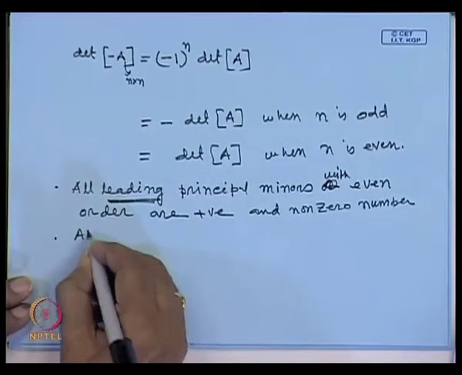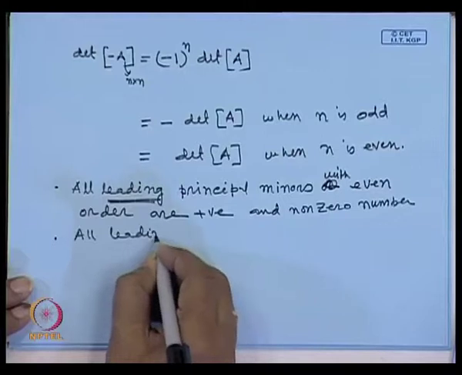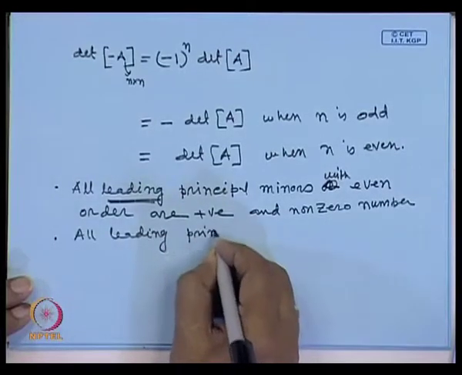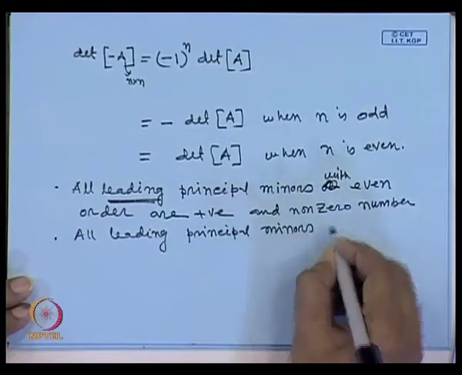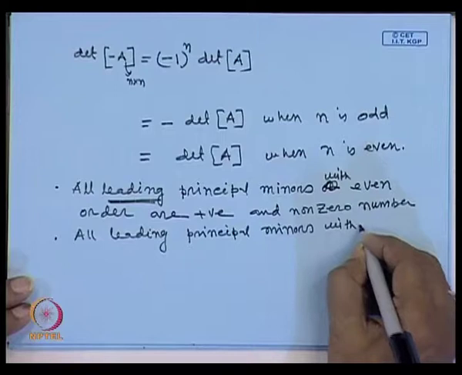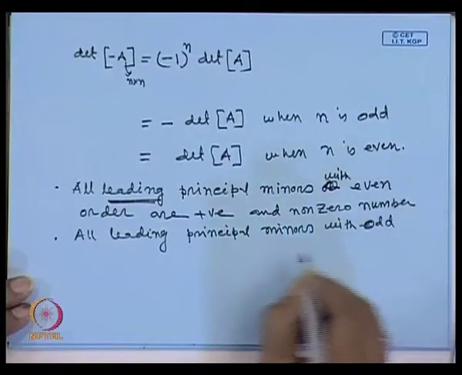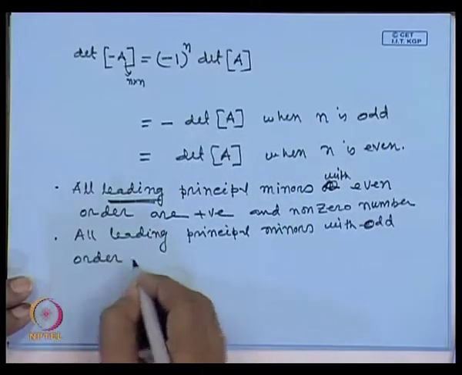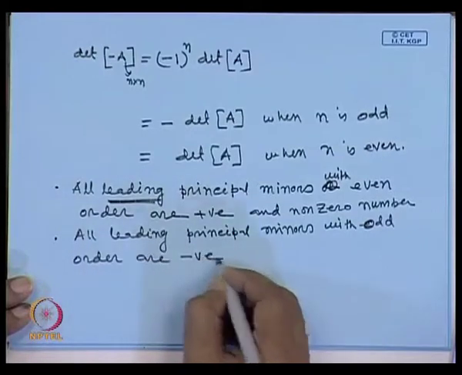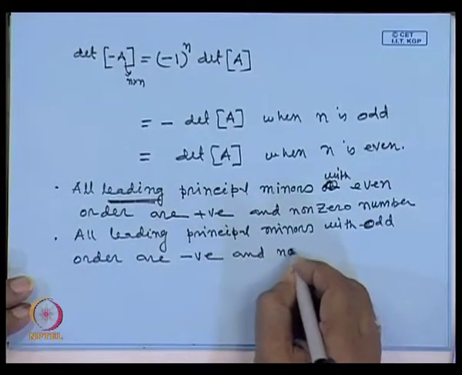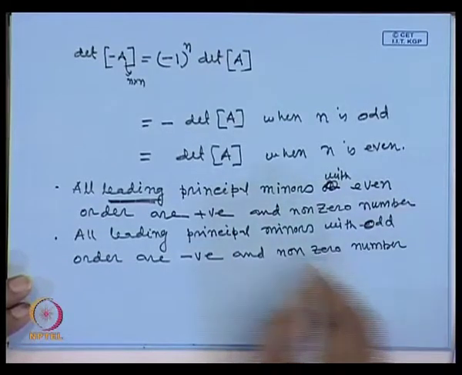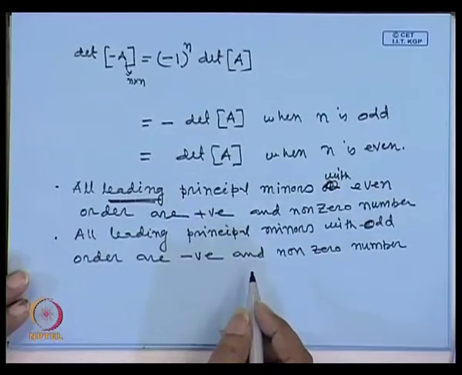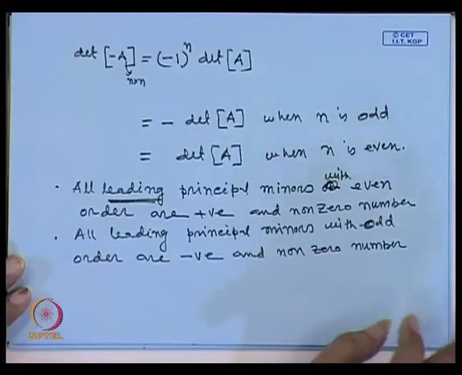Again, all leading principal minors with odd order are negative and non-zero numbers. So, the determinant of odd order will be negative; it cannot be 0.